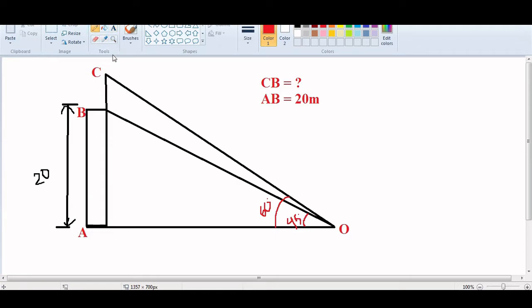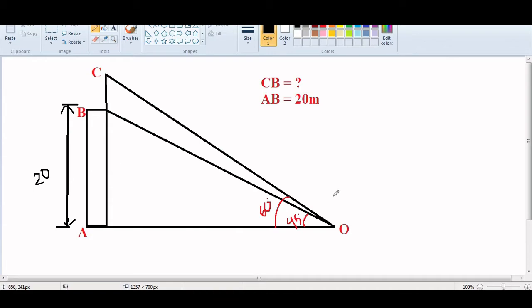Okay, so now what we can do? First, just forget about CB. Let's concentrate on this right angle triangle, that is AOB. So in this right angle triangle, what we can do? We can apply trigonometry to find the base length, that is OA.